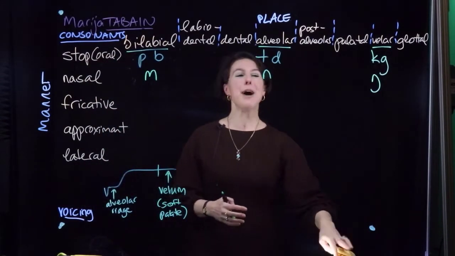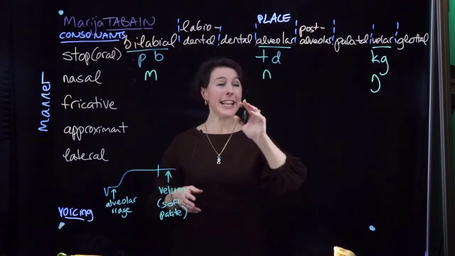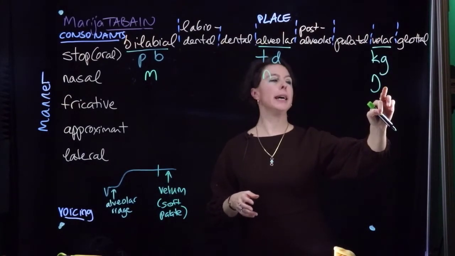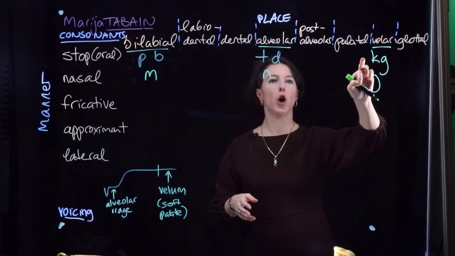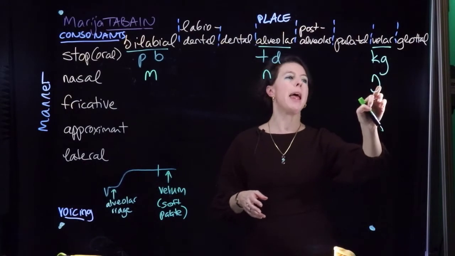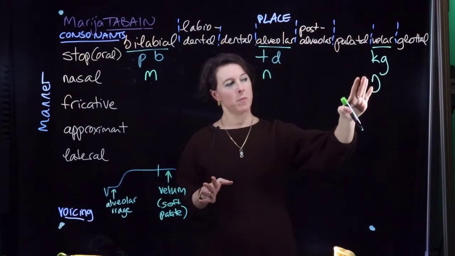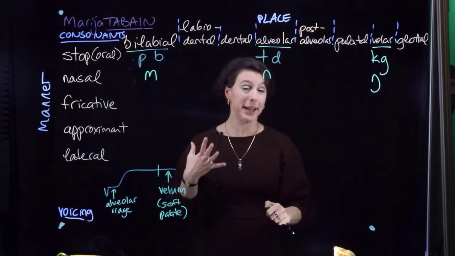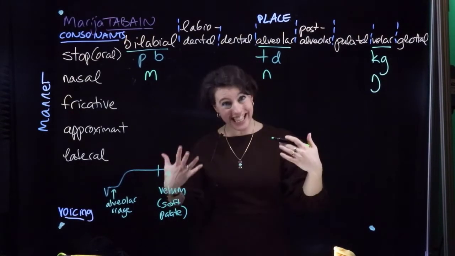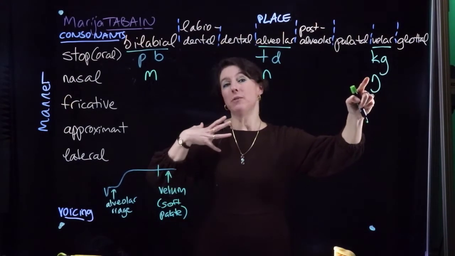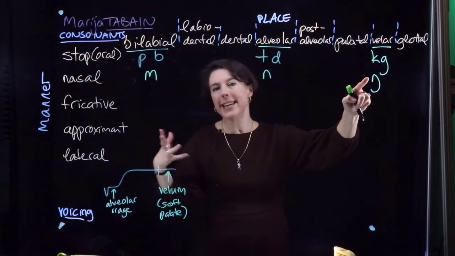But it is a stop, but I just don't want to confuse myself. All right, and so finally we have the velar nasal. So if you just feel, you go k, g, ng. Now, some of you might not be able to say this sound at the beginning of a word, because in English, this particular sound only occurs in what we call syllable final position, or we could say at the ends of words.